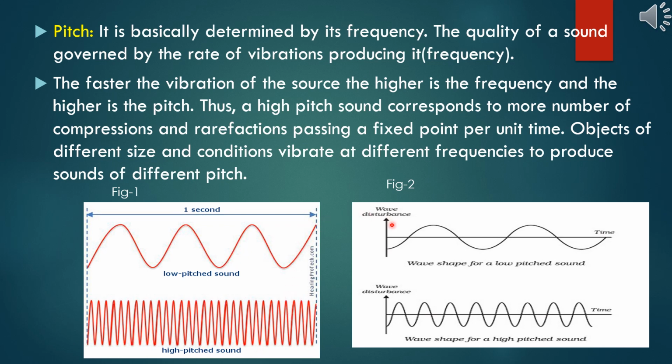In figure 2, if you observe a graphical picture, 2 compressions and 2 rarefactions are shown by low pitched sound, and in high pitched sound 8 compressions and 8 rarefactions are shown. This is how we can differentiate between low pitch and high pitch.